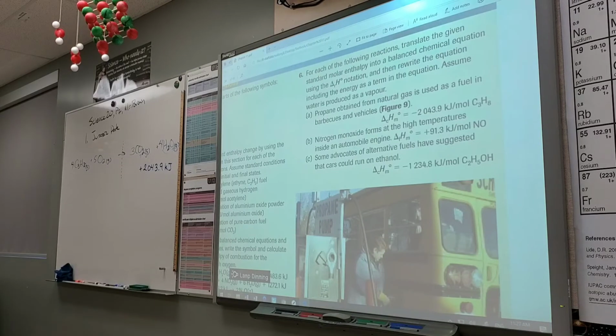What does this kilojoules per mole mean? What does molar enthalpy mean? It's the change in energy for every 1 mole that reacts.